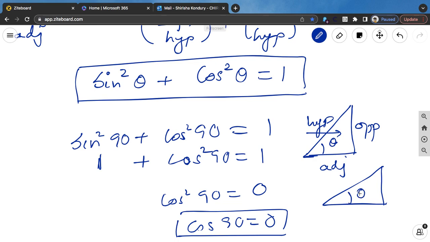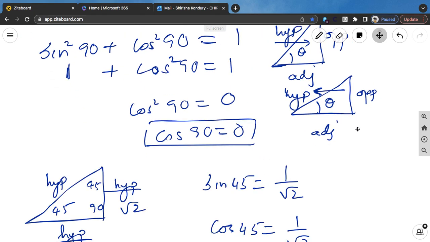Now imagine the other side. I have the ladder resting against the wall, but this time instead of pushing it towards the wall, I'm pushing it away from the wall. So it's slipping along the wall. Now in this case, adjacent side will go on increasing and opposite side will go on decreasing. Till what point? Till the point where theta is almost 0, which means the ladder will almost fall on the floor.